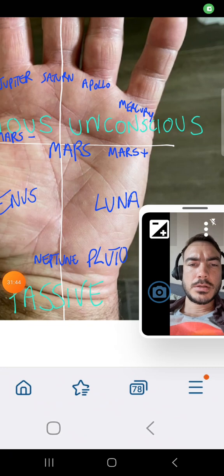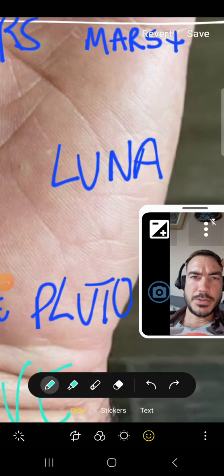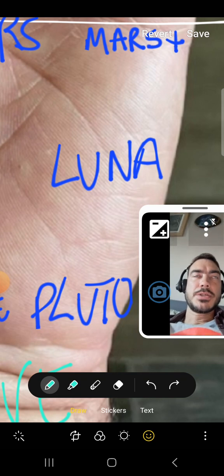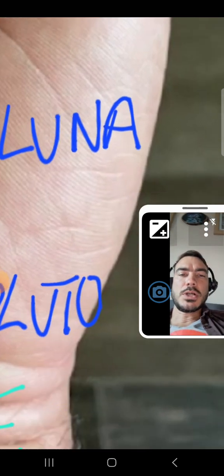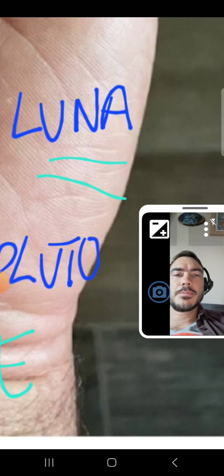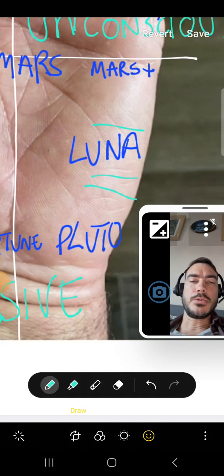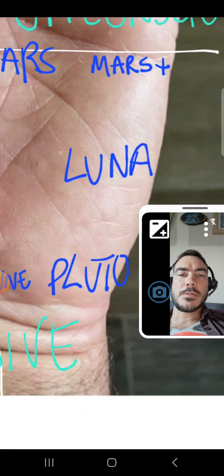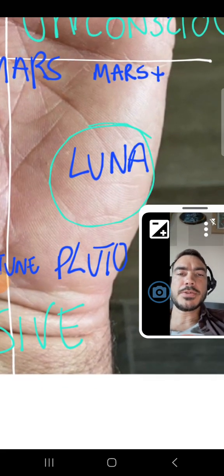And Luna being the place of dreams and imagination, creativity, is restlessness as well, which is why travel lines are also named restless lines, because imagination and creativity is a place of escapism.